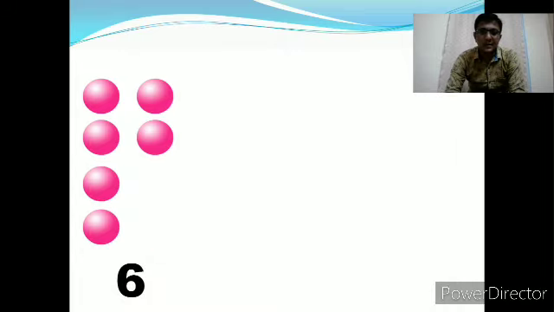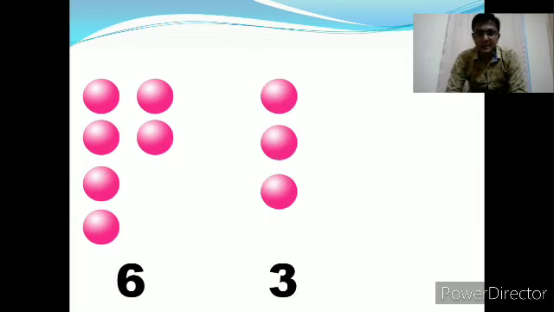I have 6 balls over here. I want to combine them with 3 more balls. These 6 balls as well as 3 balls, I have to combine. For combining, in mathematics, we have addition. For addition, what is the symbol that we are going to use?